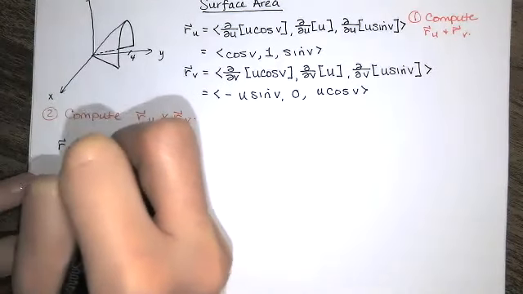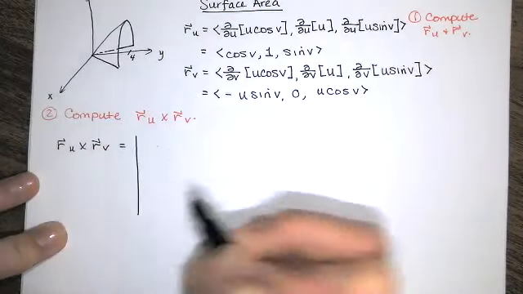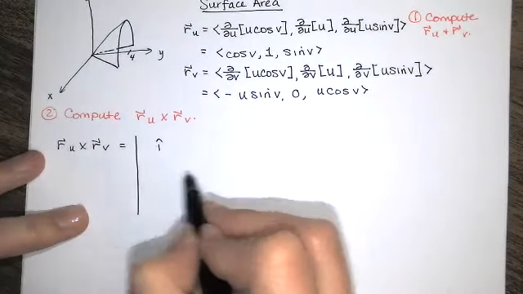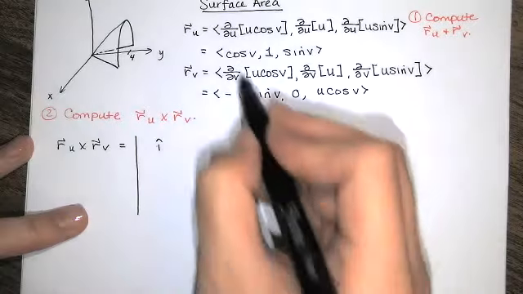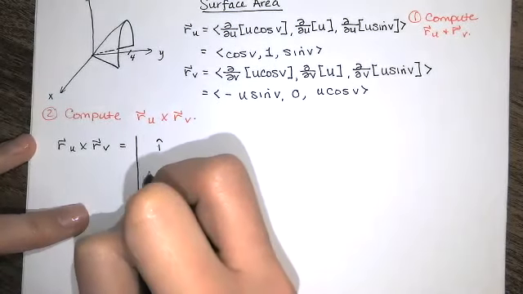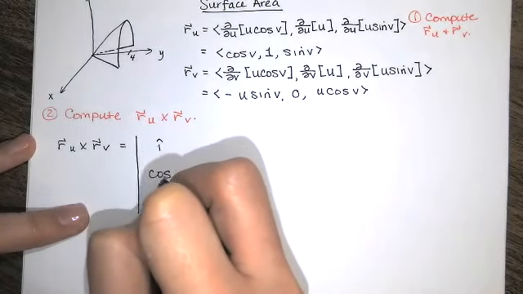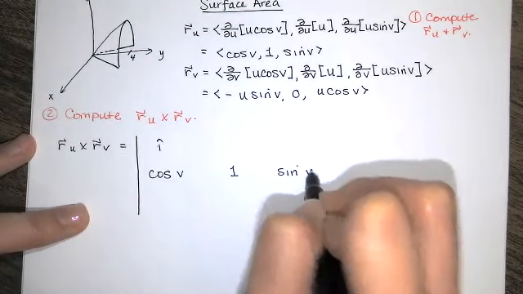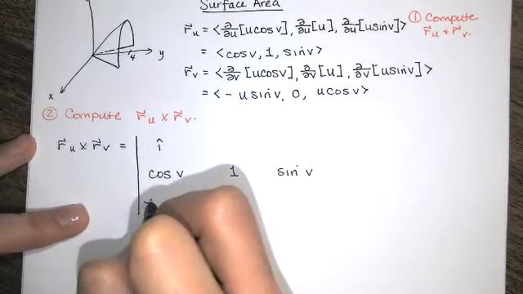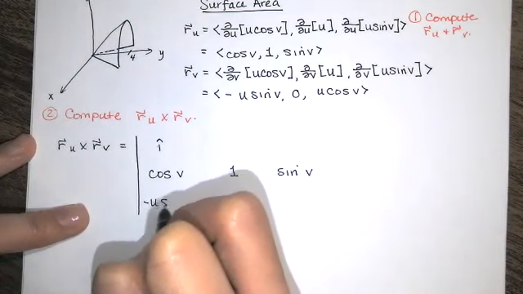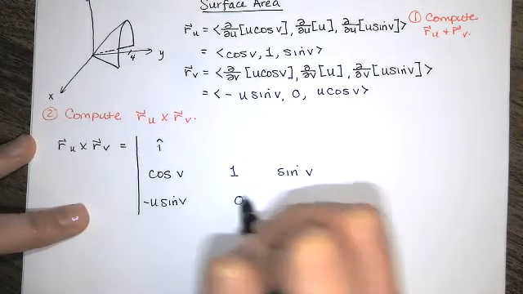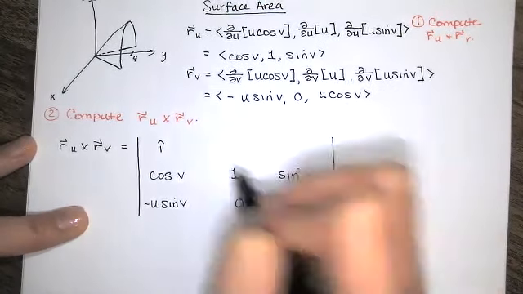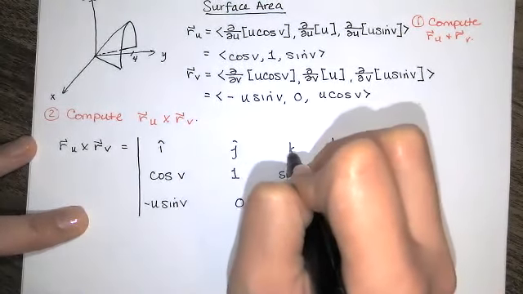This isn't so bad. It looks bad, but it isn't bad. In the second row here, we're going to have the components of the partial of r with respect to u. In the third row, we've got the components of the partial of r with respect to v. In that top row, we always have i hat, j hat, and k hat.